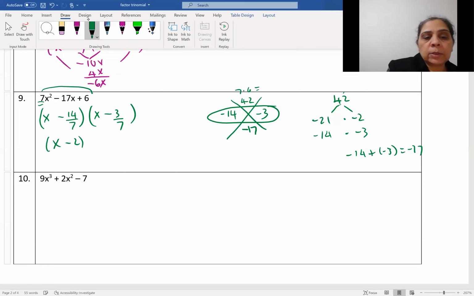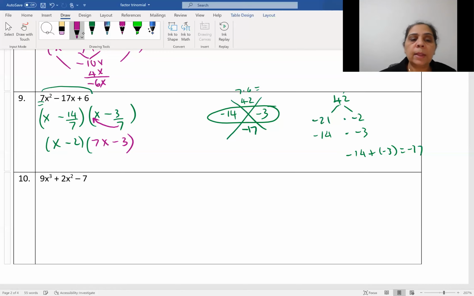So x minus 2. I cannot simplify this fraction, so I will write this denominator as the coefficient of x. So 7x minus 3. All right, everyone found the same answer? Okay, let's see the next one.